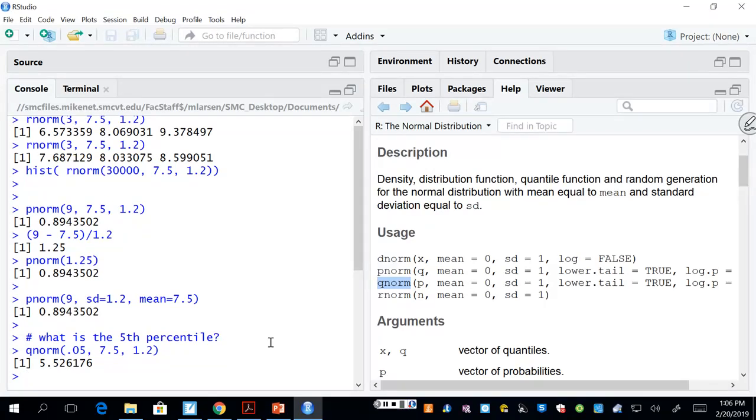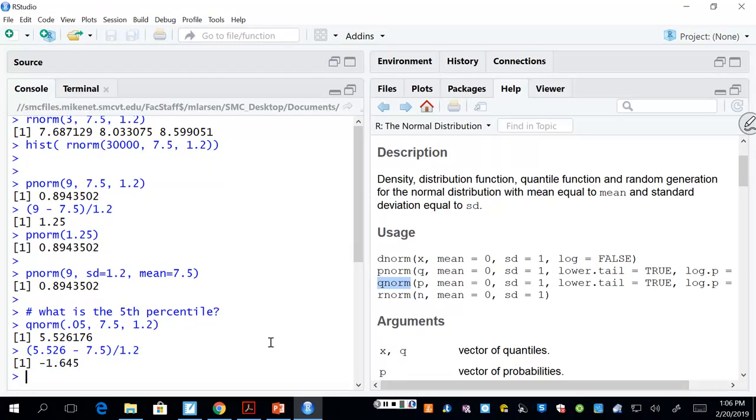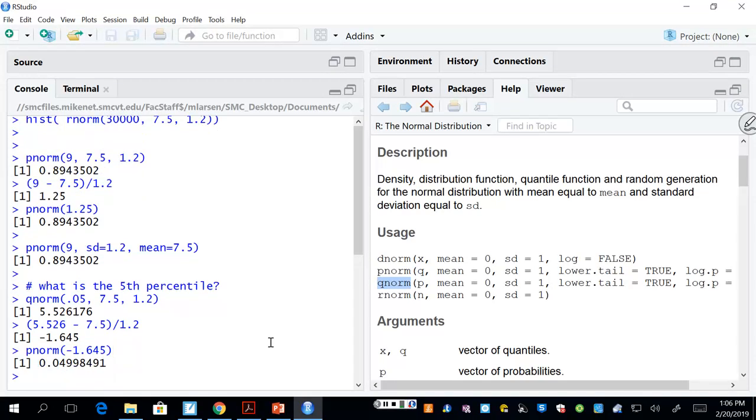So we could check that. Did that give us the accurate answer? We could z-score this: 5.526 minus 7.5 divided by 1.2. That's a z-score of negative 1.645. And the probability for a standard normal of being less than 1.645 is about 5%.